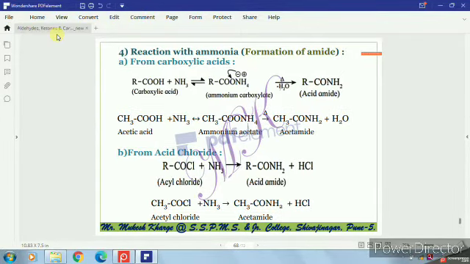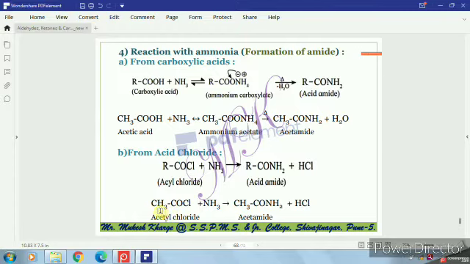Then instead of acid, if acyl chloride reacts with ammonia, it will produce acetamide plus HCl. So the Cl and H give HCl, and NH2 from ammonia gets attached with CO of acyl chloride. Acyl chloride is a class, acetyl chloride is a compound.